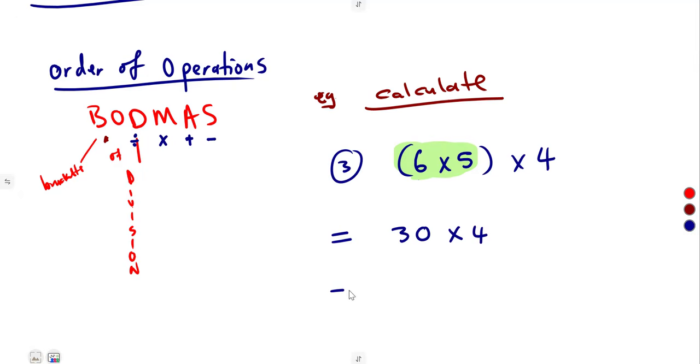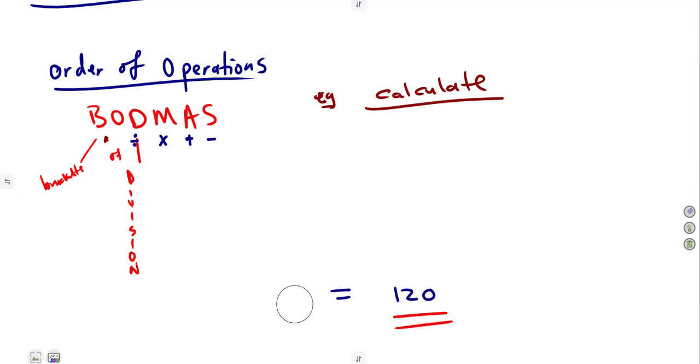If we multiply 30 times 4, that's 120. Or you can just use the concept 30 times 4. 4 times 0, that's a 0 there. 4 times 3, that's 12. So this is going to give us 120 at the end.